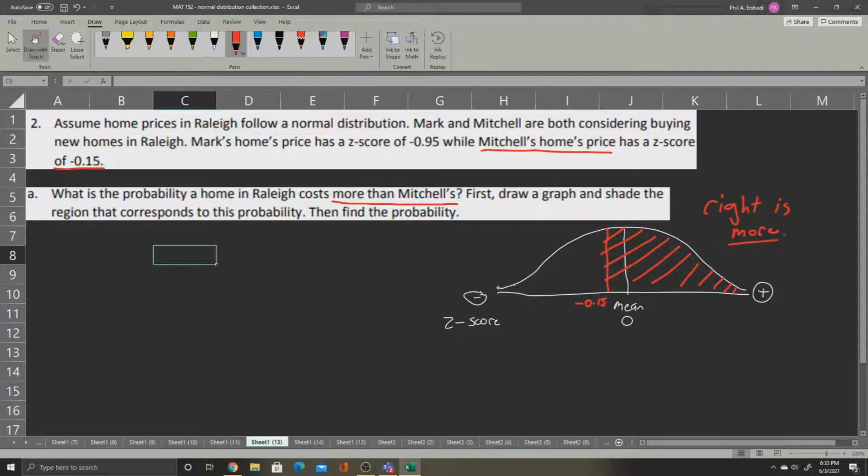Now in previous problems we have used norm dist in order to find probabilities. Now that's if you know the x value. Now instead this time we're given z-score, not x value. So instead we'll use a variation called norm s-dist.